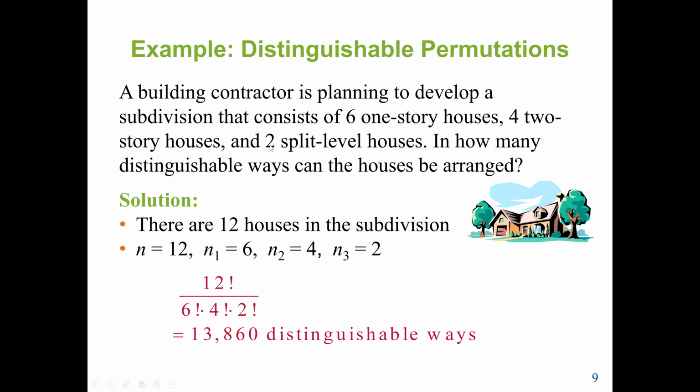Then N3 will be the 2 split-level houses, so it's 2. So we use the formula 12 factorial, the total, divided by 6 factorial times 4 factorial times 2 factorial. And if we do this calculation, we get 13,860 distinguishable ways.